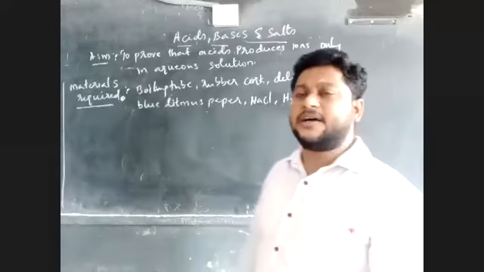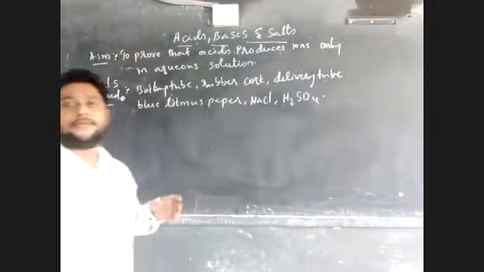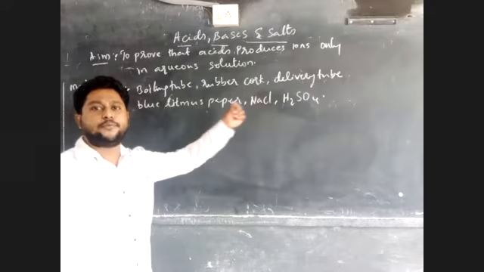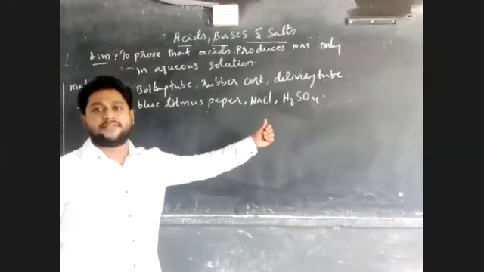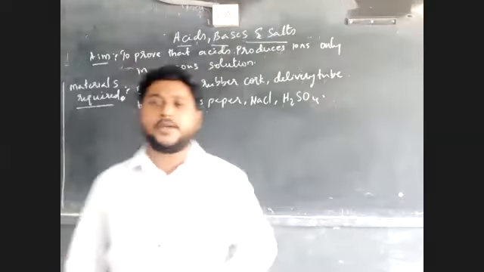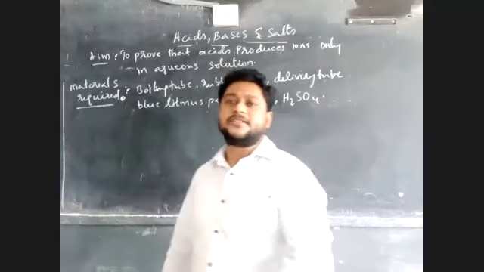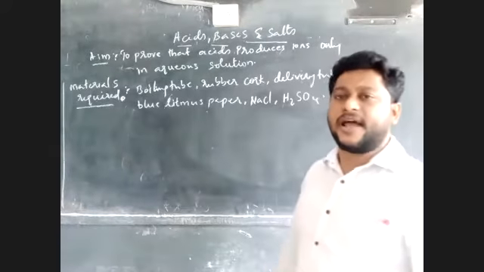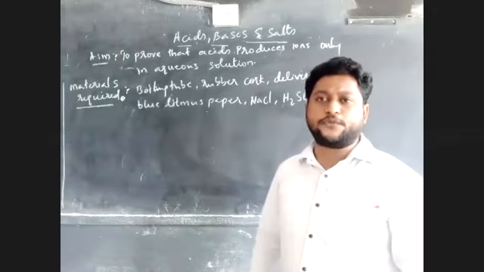So these are the materials required. We require a boiling tube, rubber cork, delivery tube, blue litmus paper, sodium chloride and sulfuric acid.